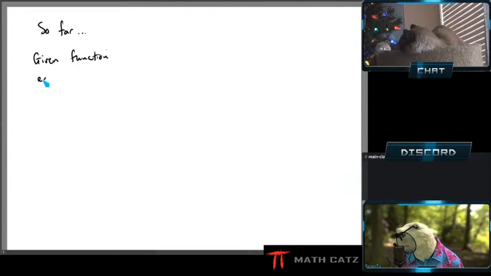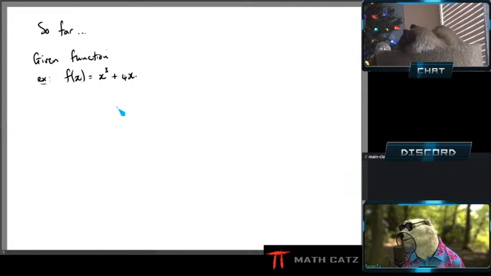So far we've looked at finding the derivative given a function, let's say for example f of x. Let's just make it simple. There's no need to be complicated here. It's just a concept that I'm introducing.